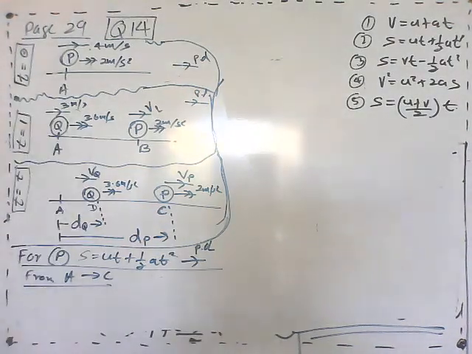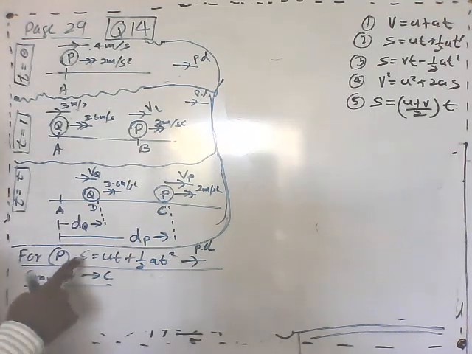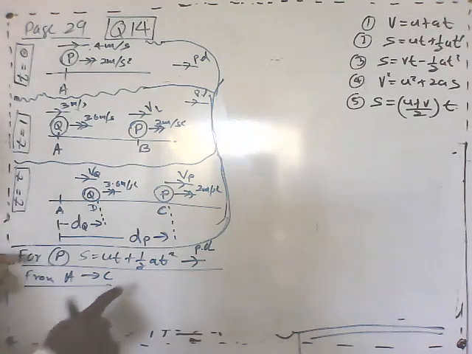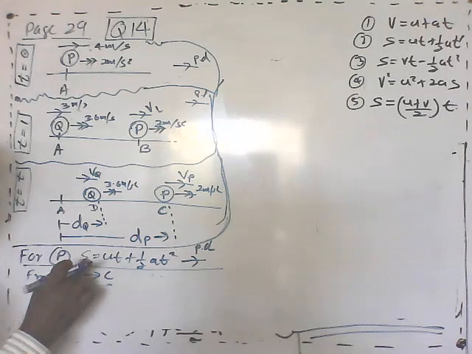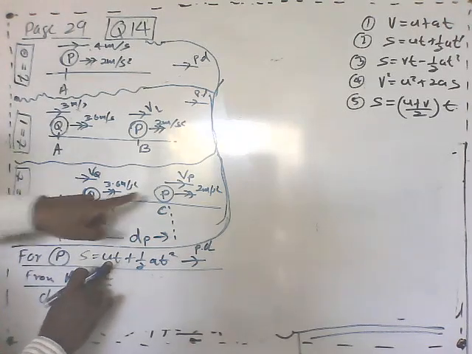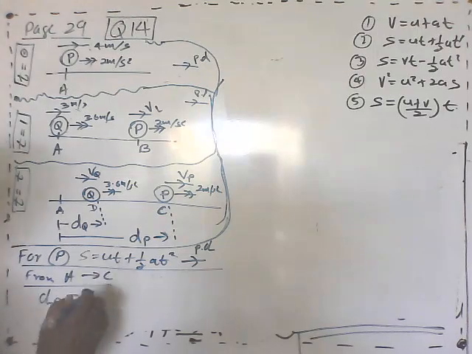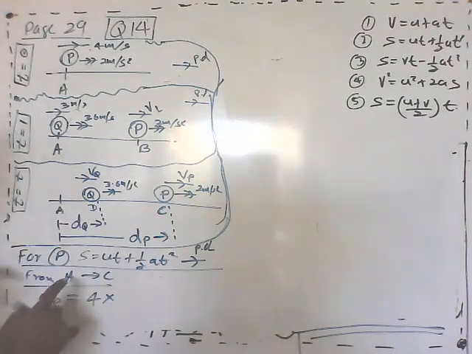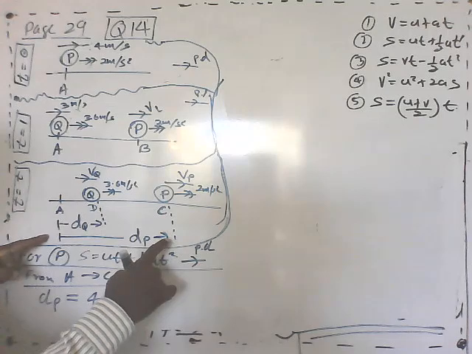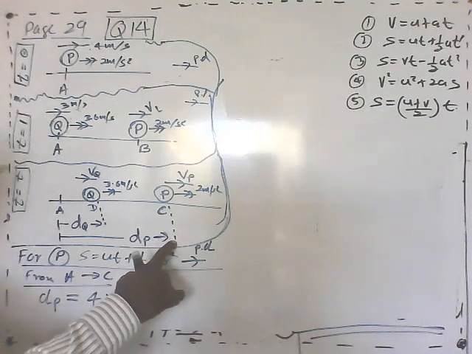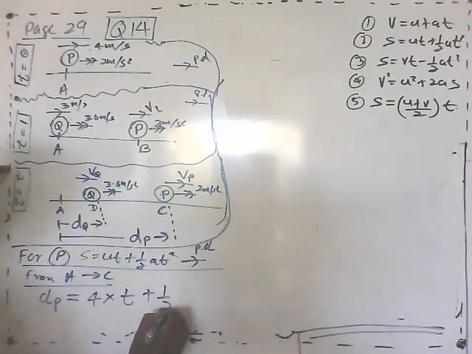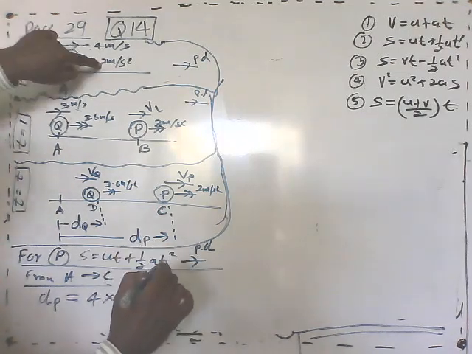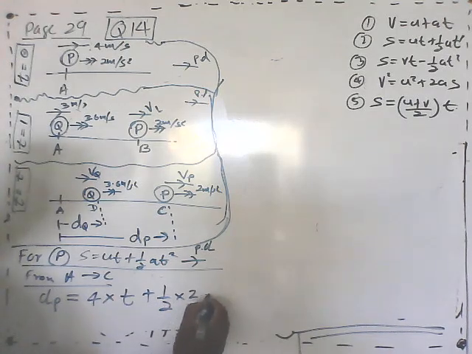Now if you just put numbers without these values, we can't give marks. So if you take this section, how much P has gone, dP, that is the expression we want. dP is the displacement. Initial velocity when he was at A was 4 meters per second, and he took t seconds to travel the distance from A to C. So ut plus half at squared, where P's acceleration is 2, gives 4t plus half into 2 into t squared.